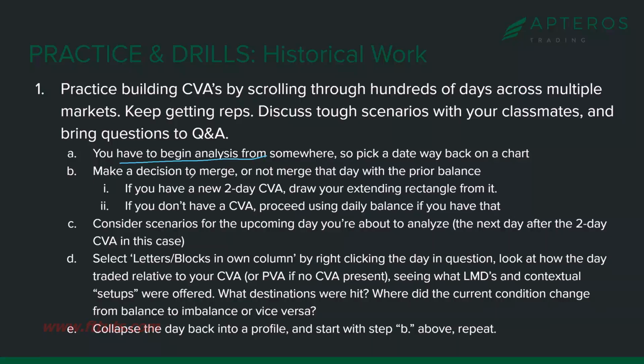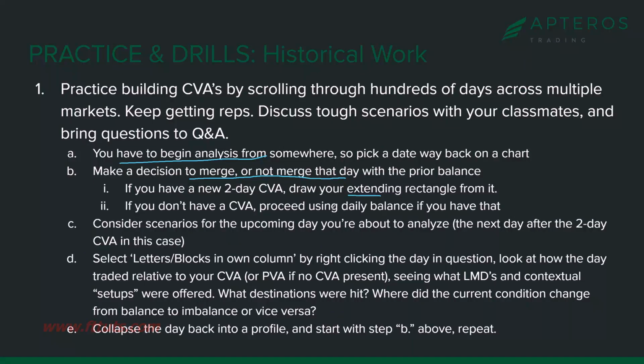Make a decision to merge or not to merge that day with the prior balance. If you have a merge situation where you create, now we have a 2-day CVA, draw your extending rectangle from it.